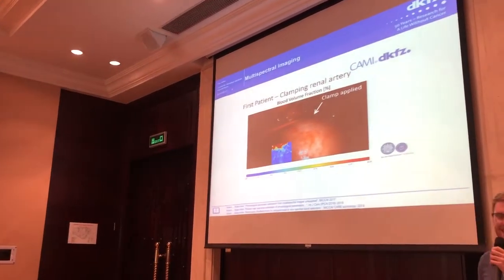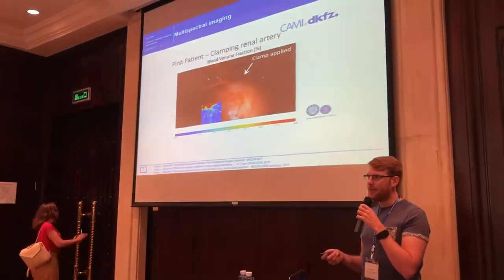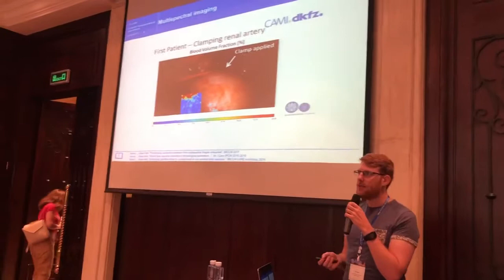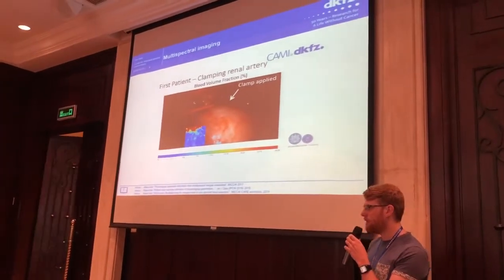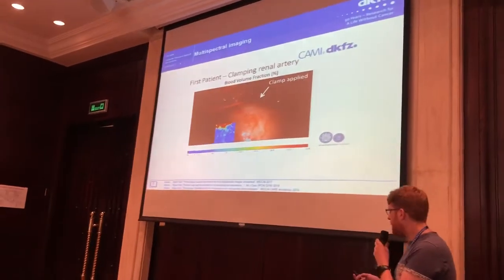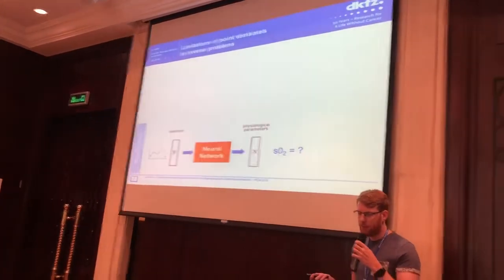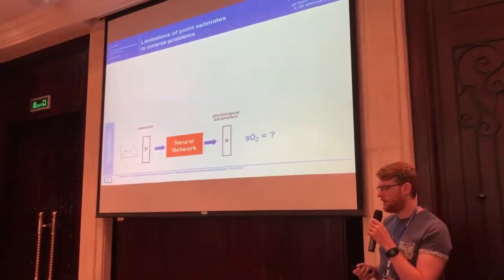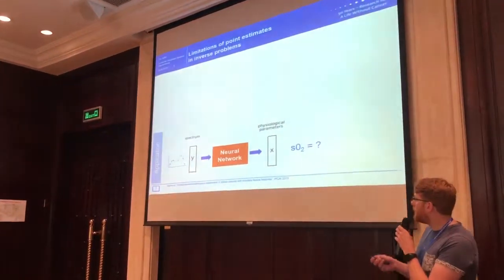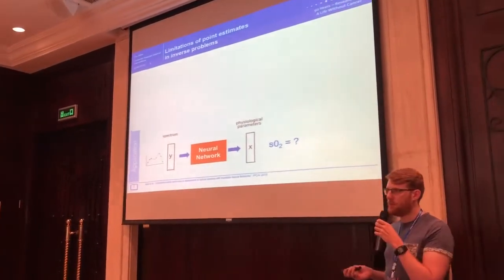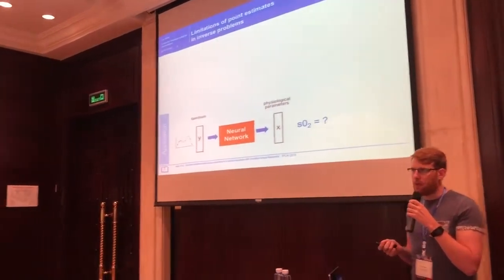And of course, it's not so easy, because before we really can go to the clinic, we have to talk about robustness. And robustness for us also means talking about uncertainty. And we already did some work in this direction. So the first question we asked ourselves is: going back from the spectrum to the oxygenation by a neural network, is that actually well defined, or can something go wrong there?